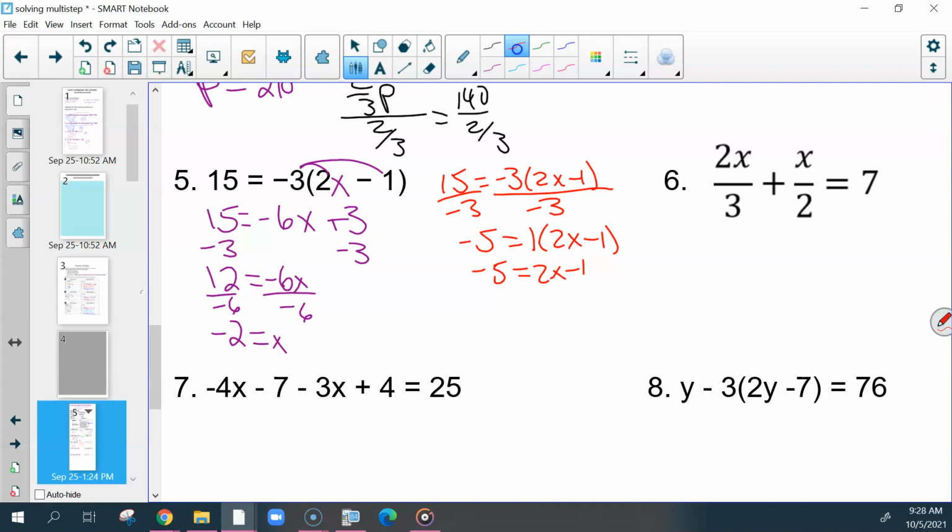It would just be different than how I did it before. So we would add 1 to the other side, and divide both sides by 2. We would still get the same answer, just we got it a different way.